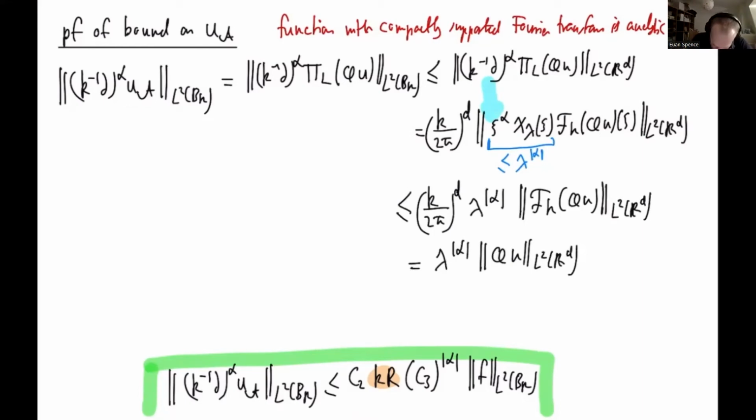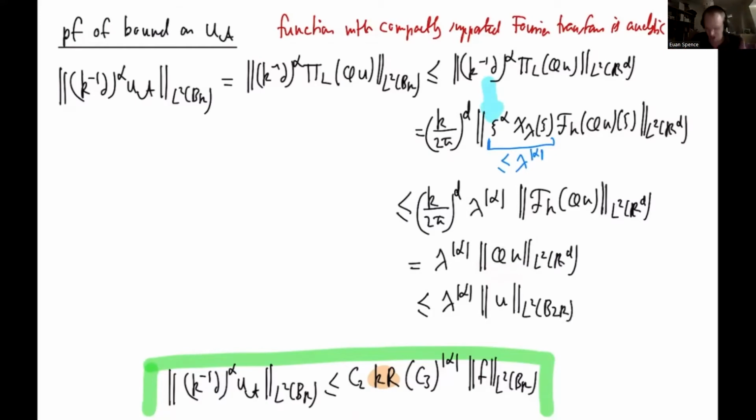Let's do one more step. This is less than or equal to lambda to the alpha. Now phi was 1 on the ball of radius R, and 0 outside the ball of radius 2R, right? So this is less than or equal to the norm of U in L2 of the ball of radius 2R.